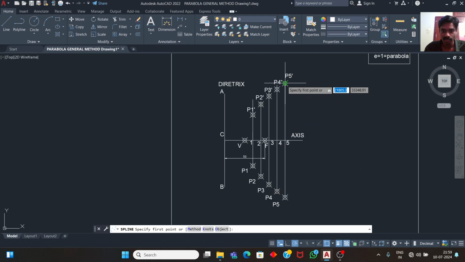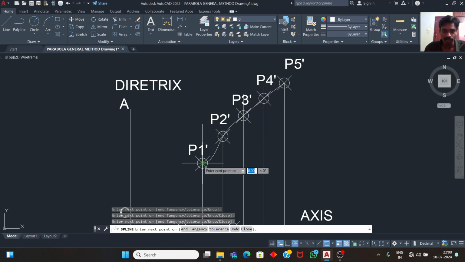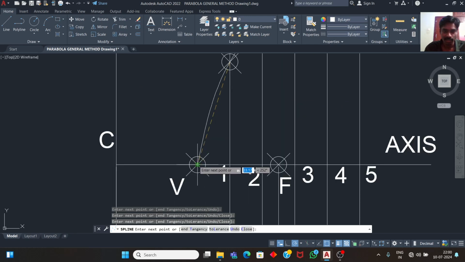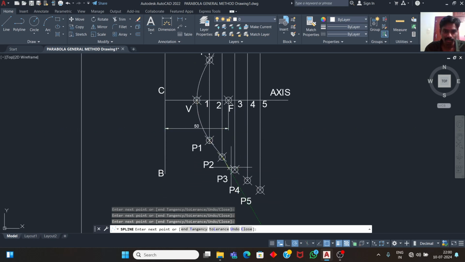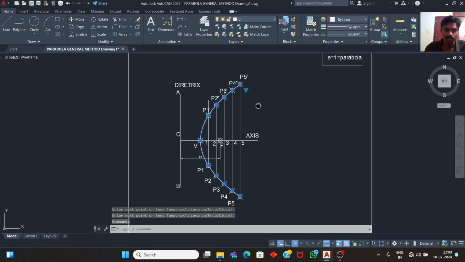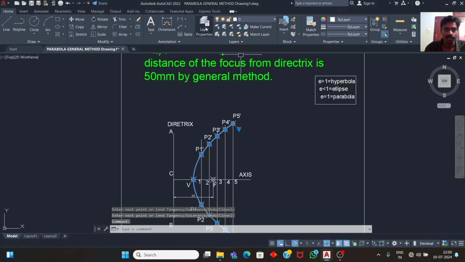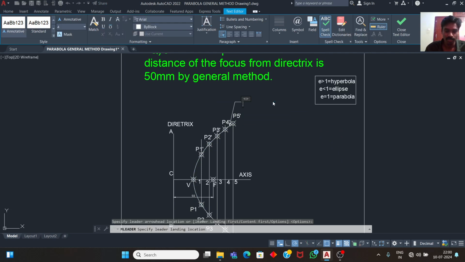Click on point 5 and point 4, point 3, 2, 1 and click on this vertex point and the point 1, 2, 3, 4, 5 and press enter. Okay, this is the curve, that is the parabola.